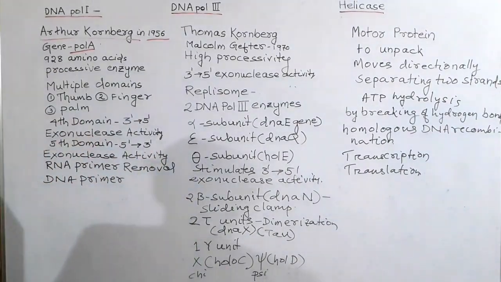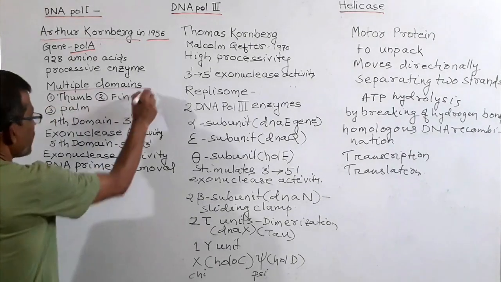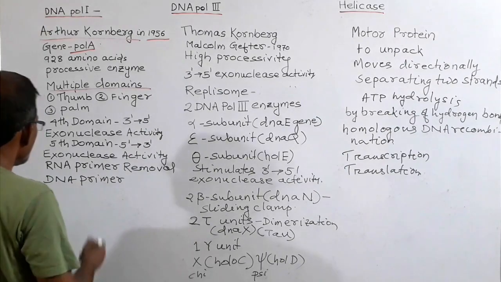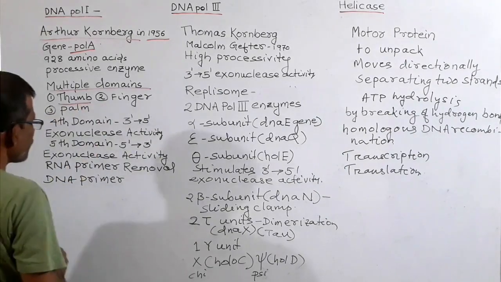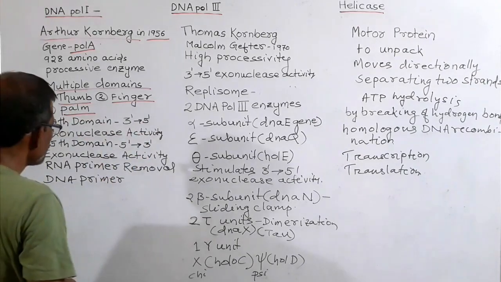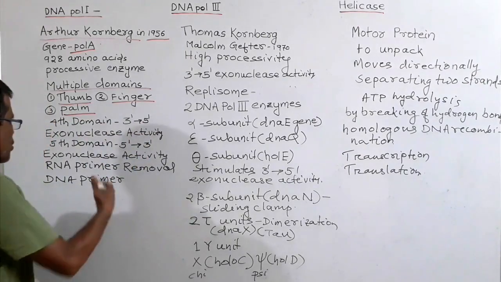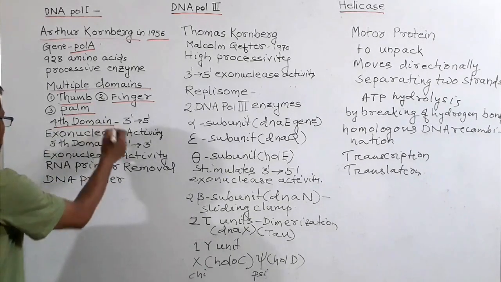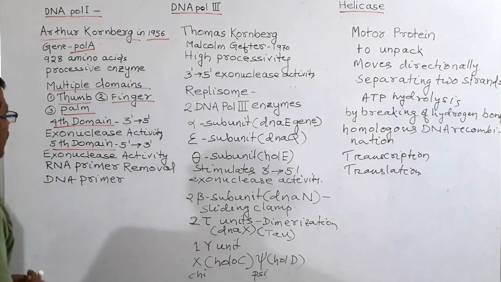Next, the enzyme DNA polymerase 1 has multiple domains. What are the multiple domains that are present? One is the thumb domain, the finger domain and the palm domain. In addition to these 3 domains, there is a 4th domain and a 5th domain.